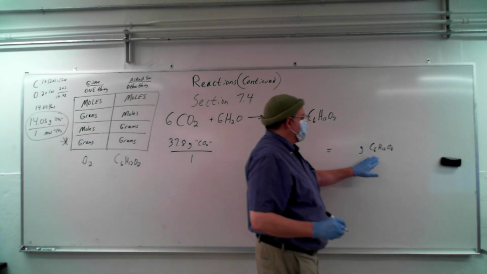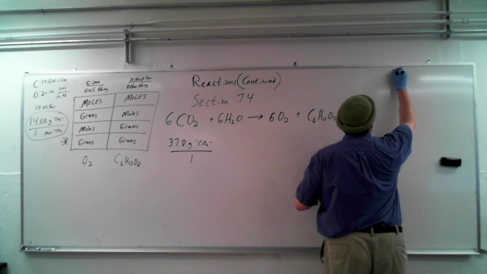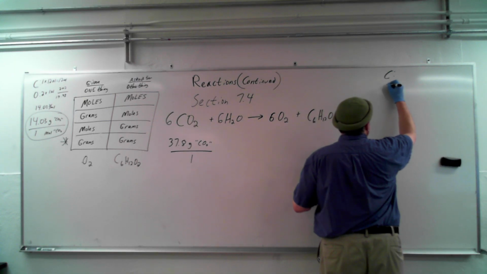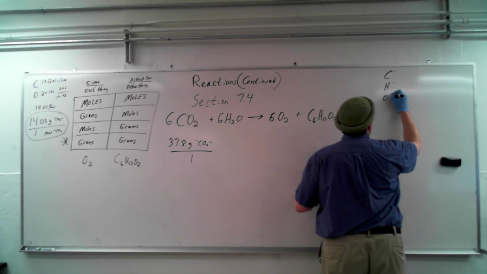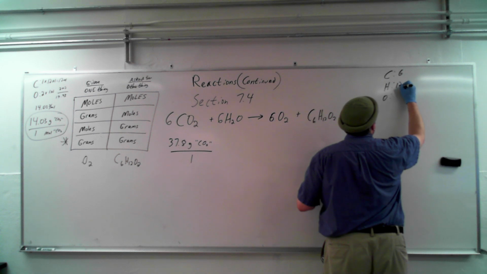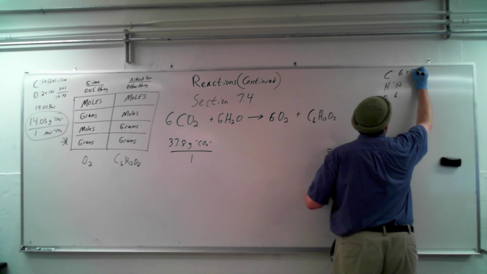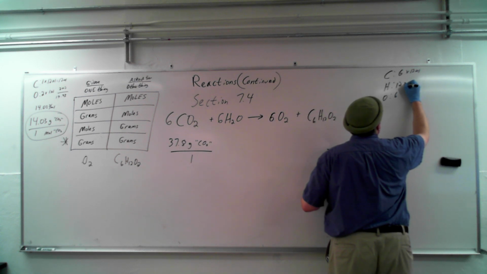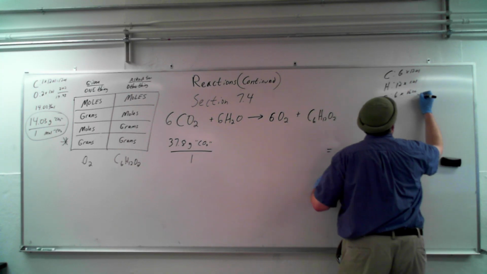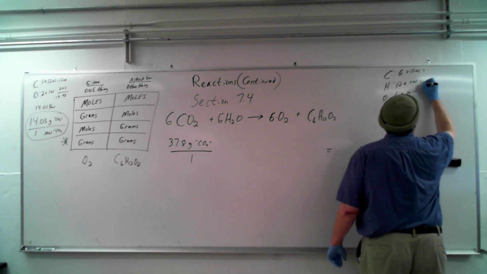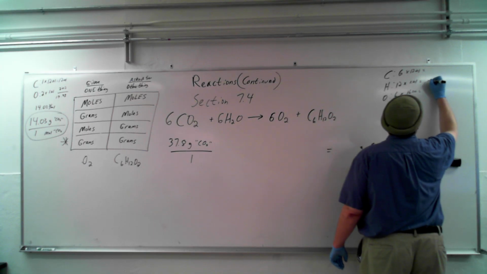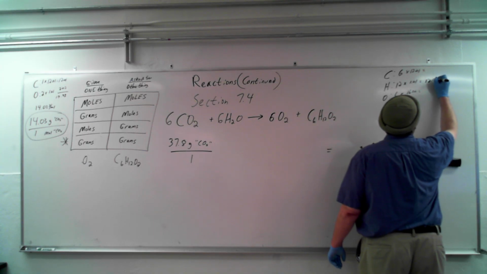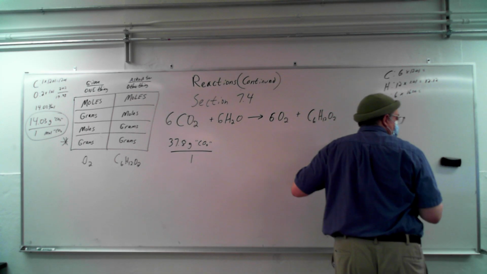Grams of the glucose is also needed. Carbon, hydrogen, oxygen, 6, 12, 6, 12.01 off the periodic table, 1.01 off the periodic table, 16 off the periodic table. This I definitely need a calculator for. This one would be 12.12.